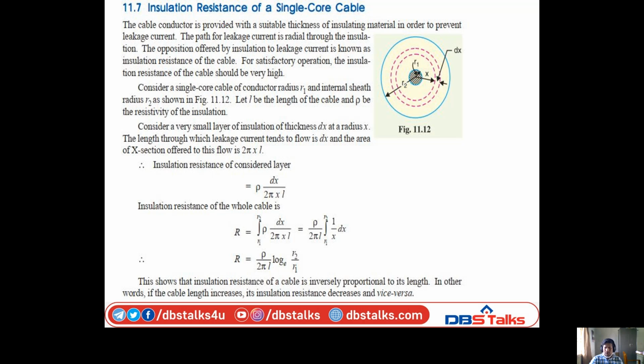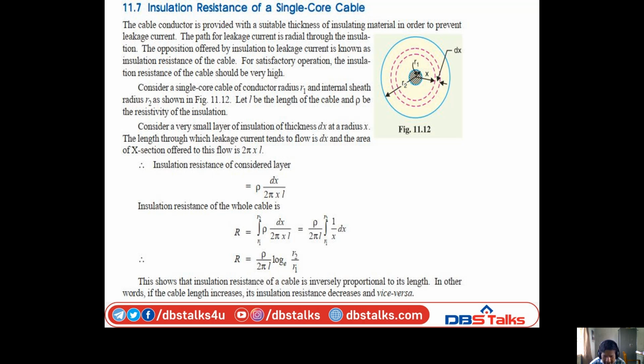Therefore, taking rho by 2 pi l common, the integral of 1 by x dx from r1 to r2 is log x, giving log r2 minus log r1. So capital R is equal to rho by 2 pi l times log of r2 by r1, base e, ohms.